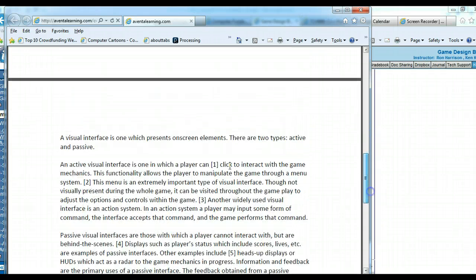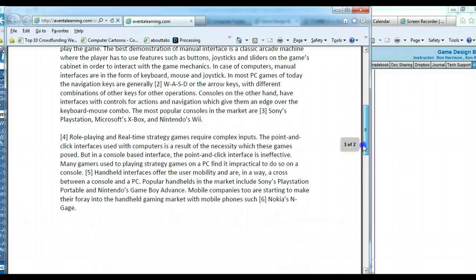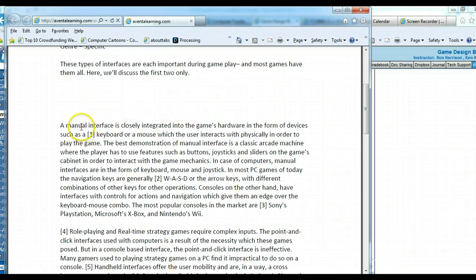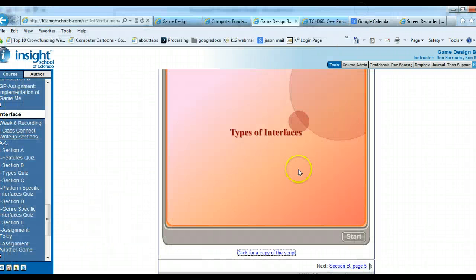And then visual interface is one that presents lots of on-screen elements. You can read down through here about active and passive interface for visual interface. But we just talked about what manual interface is up here, and then visual interface is simply that the game has lots of on-screen elements that the person interacts with.